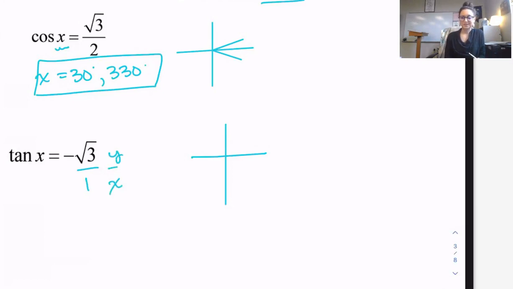Square root of 3 is larger, so I'm in quadrants 2 and 4 closer to the y-axis, so that would be this and this angle. In degrees, that would be 120 degrees, as well as 300 degrees.